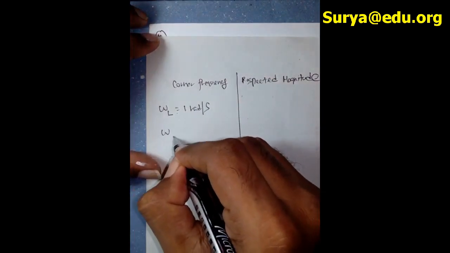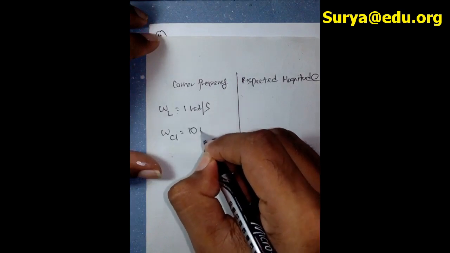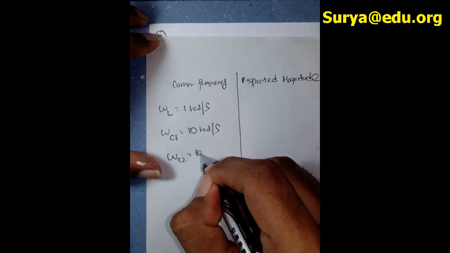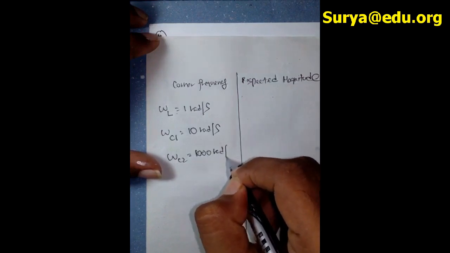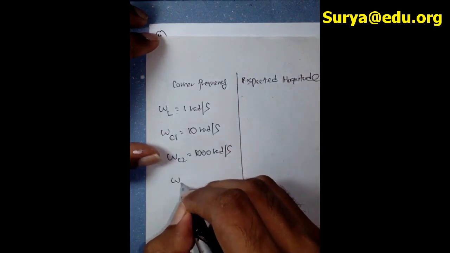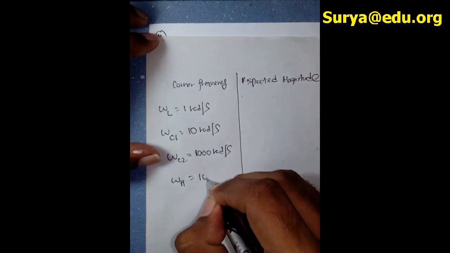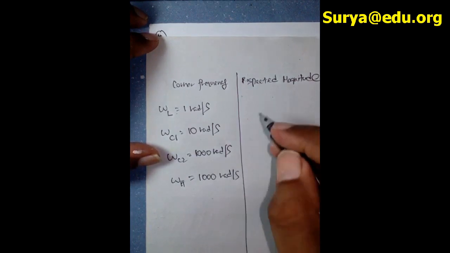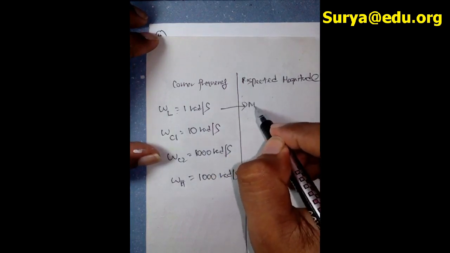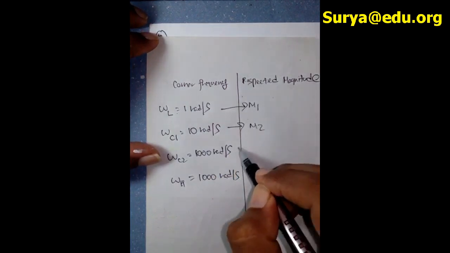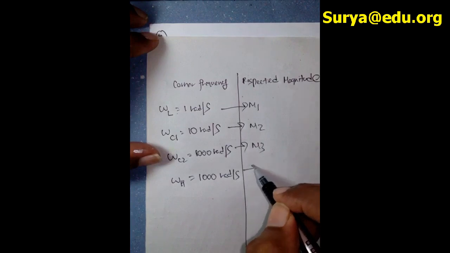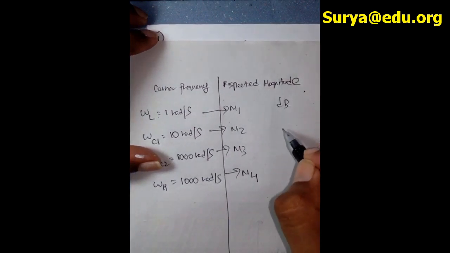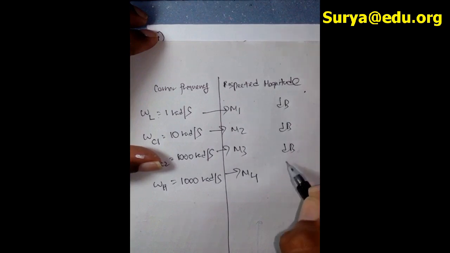The second is the existing omega C1, 10 radians per second. The next is also existing, omega C2, 1000 radians per second. After that is omega H, which we introduced, 10,000 radians per second. The respective magnitudes are M1, M2, M3, M4, all in decibels.